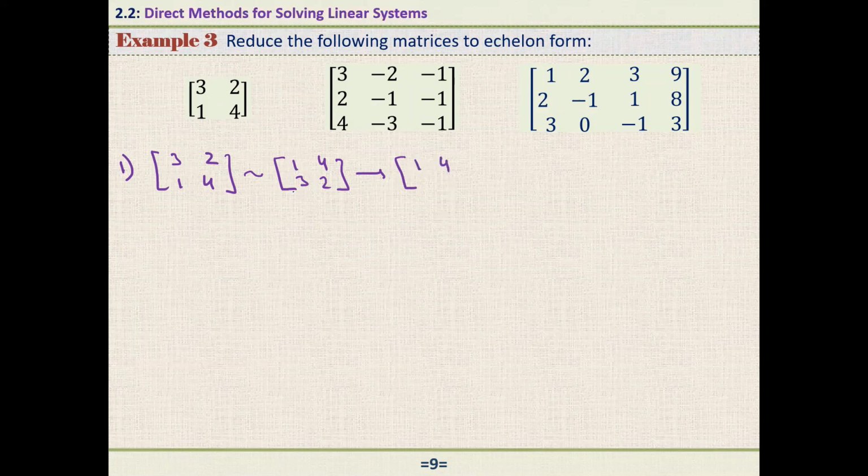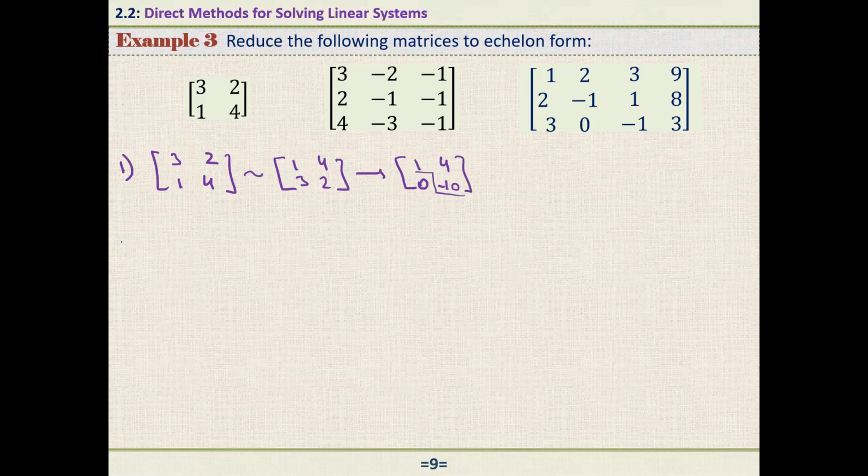To create zeros under this leading entry 1, I should multiply the first row by -3 and add to the second row. So multiply by -3: -3 times 1 is -3 plus 3 is equal to 0. -3 times 4 is -12 plus 2, that is -10. As you see here, now it is in row echelon form.